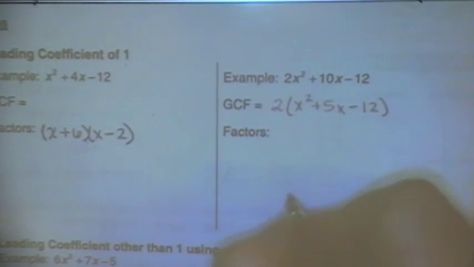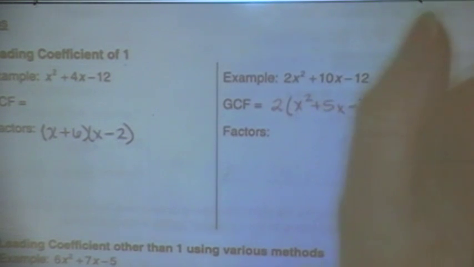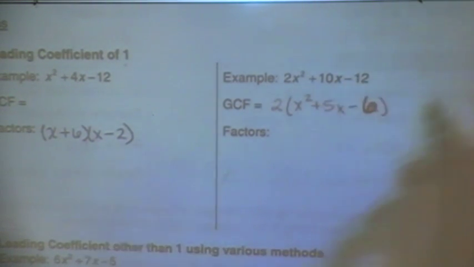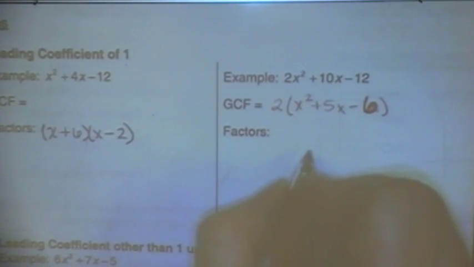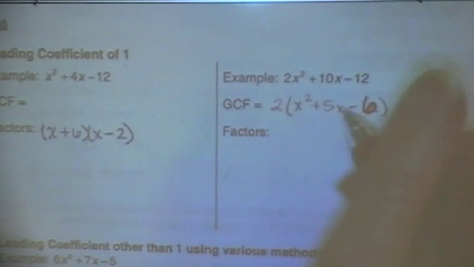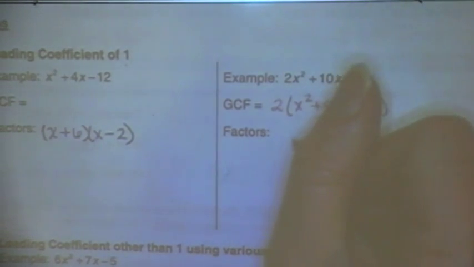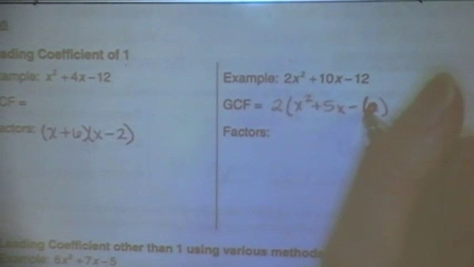So let's see. Factors of 12. What? I didn't do that right. Sorry, that's a 6. Factors of negative 6 that would combine to give you 5. Be careful on this one because it's a negative 6.